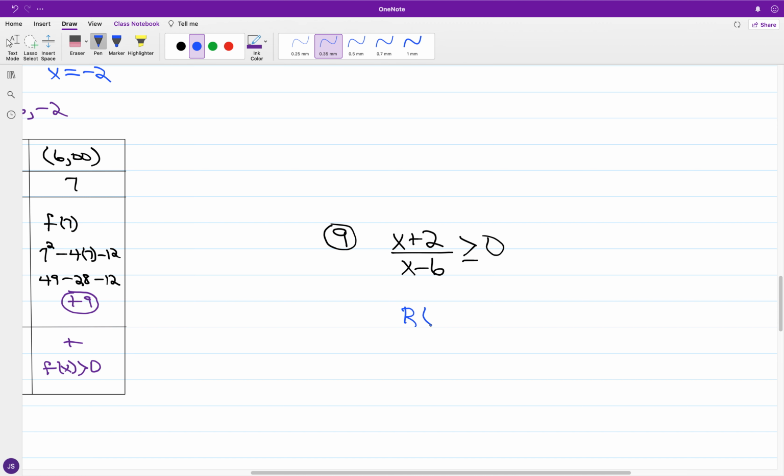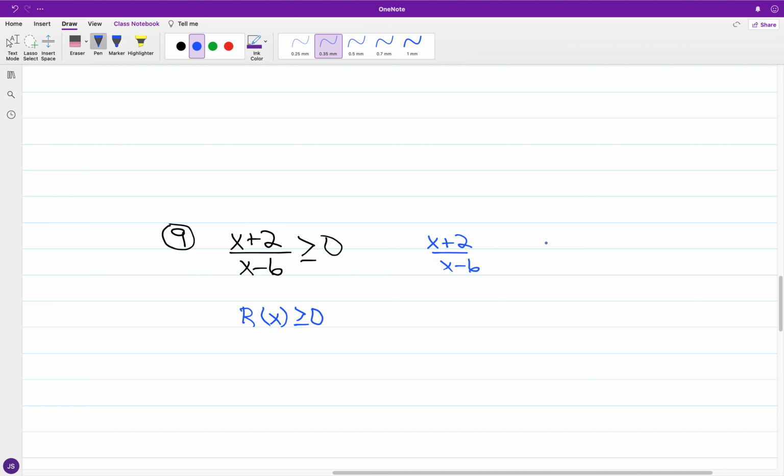So we had the r of x is greater than or equal to 0. And again, for x plus 2 over x minus 6. If x plus 2 is equal to 0, so we have that x is equal to -2. And for x minus 6 equal to 0, so we have that x is equal to 6.